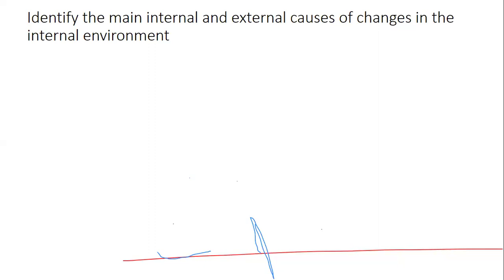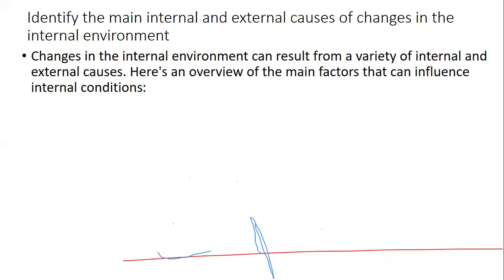Then another objective is to identify the main internal and external causes of changes in the internal environment. So the internal environment keeps changing based on what it receives from the external environment or the internal environment. So I see people are starting to get tired, but hang in there, we're about to finish.